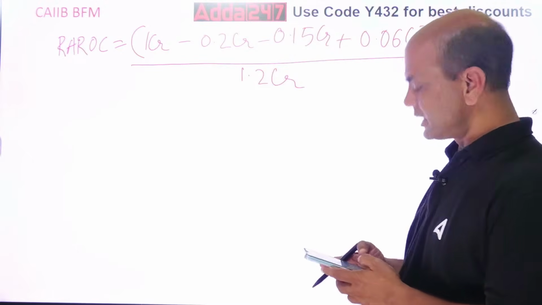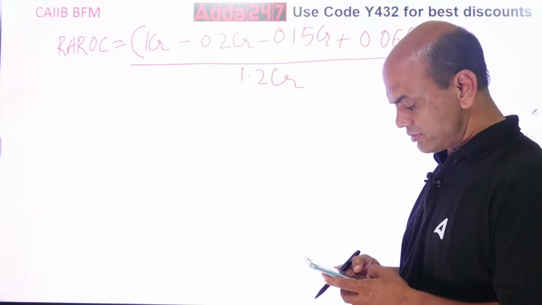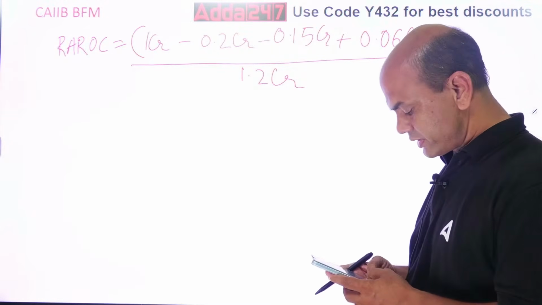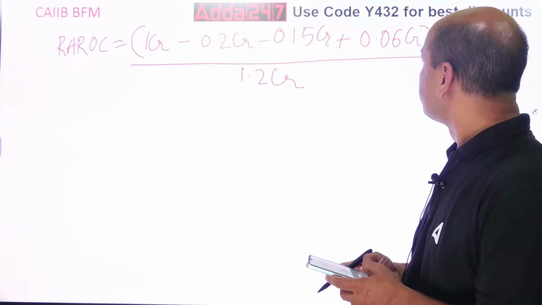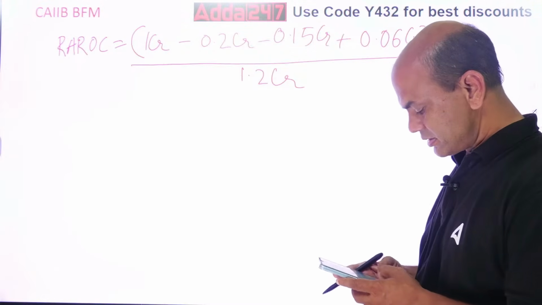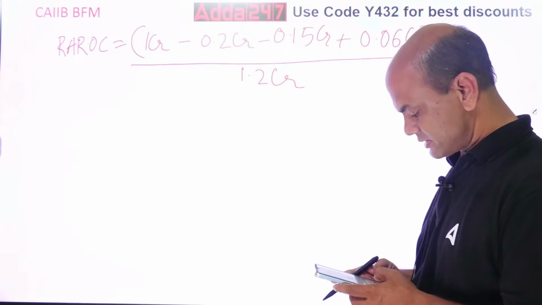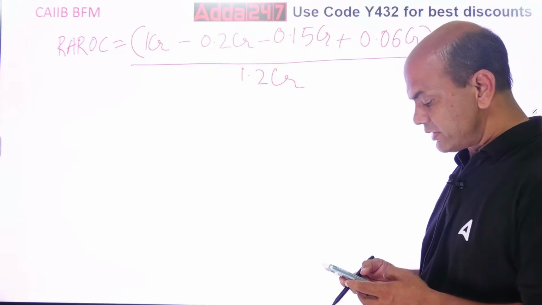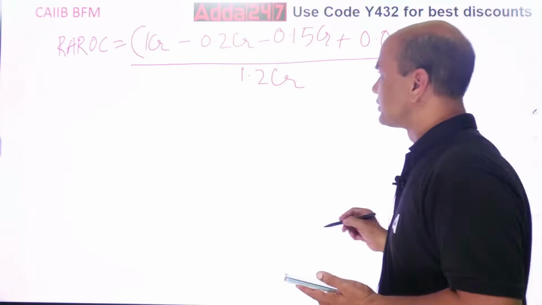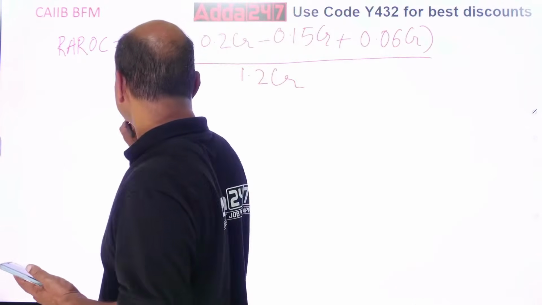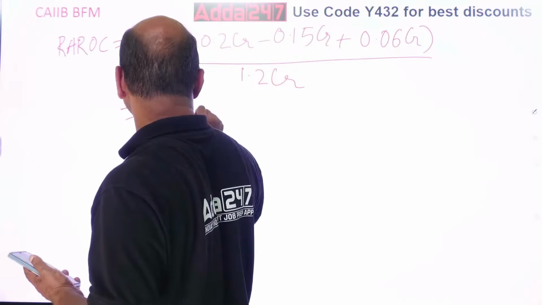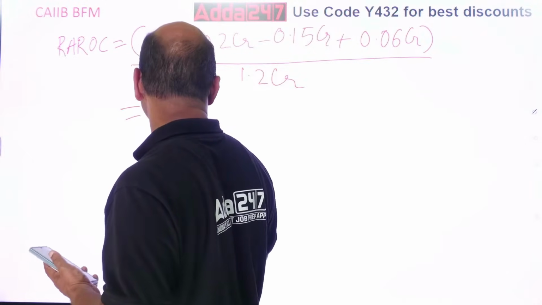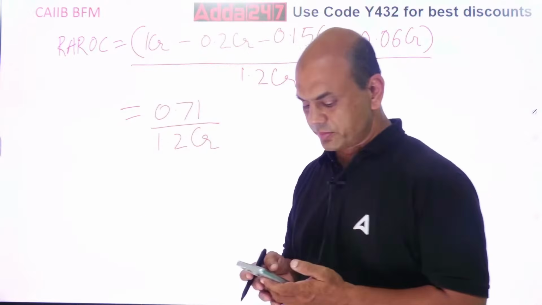So let's write this: 1 minus 0.2 minus 0.15 plus 0.06. So that is equal to 0.71. 0.71 divided by, I'll write it down. So RAROC equals 0.71 upon 1.2 CR. Okay, 0.71 upon 1.2.